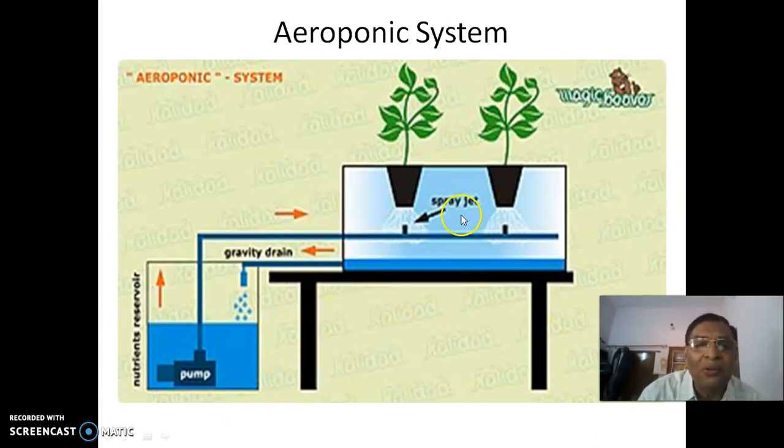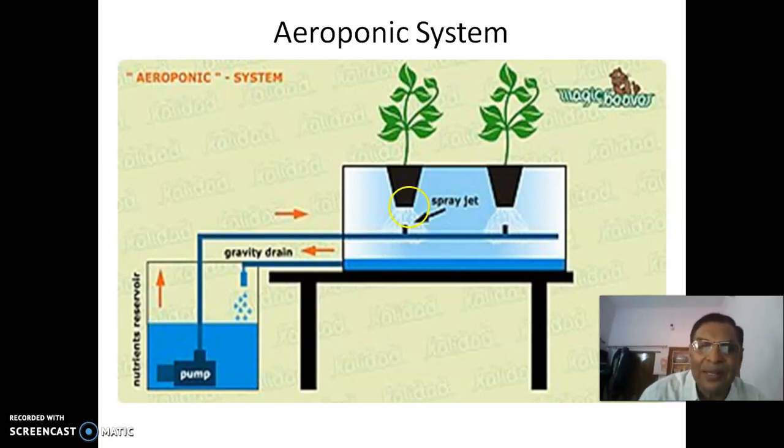This is a conceptual design diagram. Basically, you will have a tank, a nutrient reservoir, and from it, under pressure, you spray through a spray jet onto the root system, which is simply hanging in a chamber. Each plant has its own spray, and it is not like a sprinkler, it is much finer droplets.